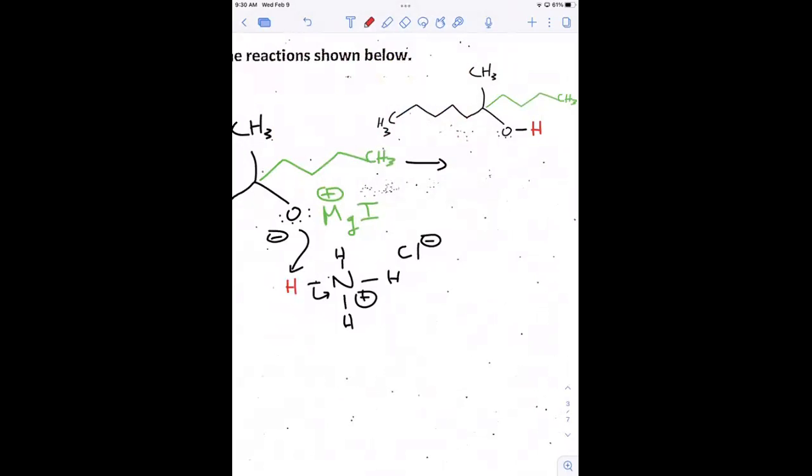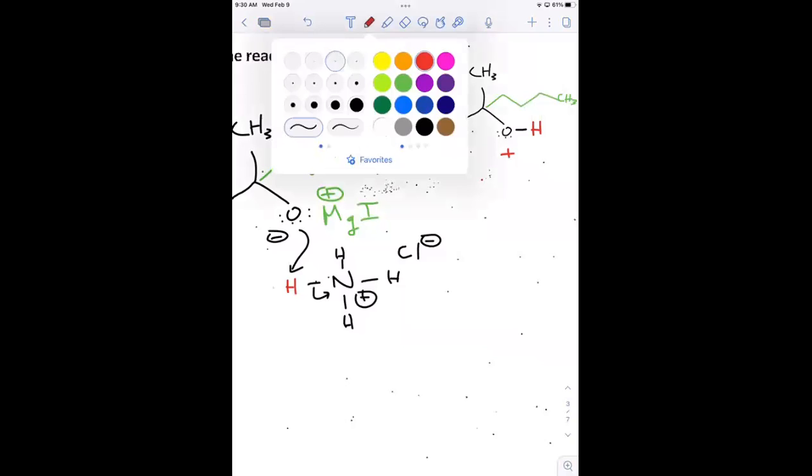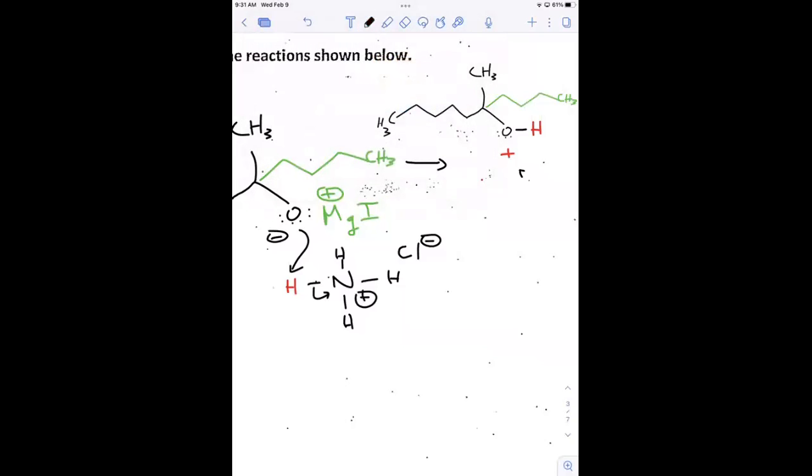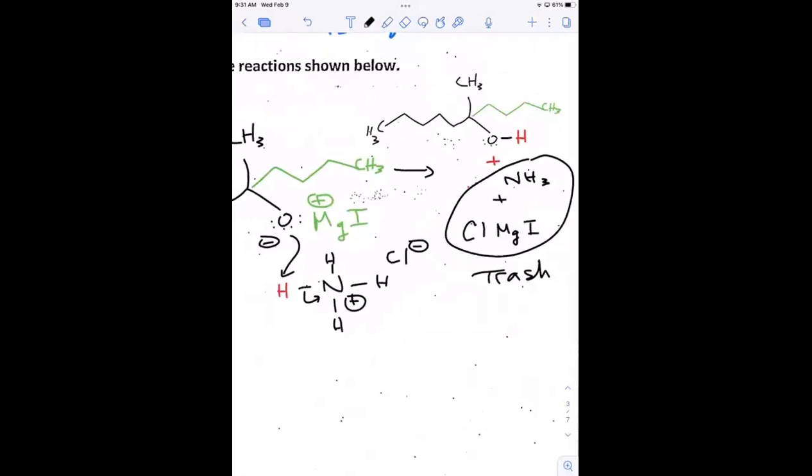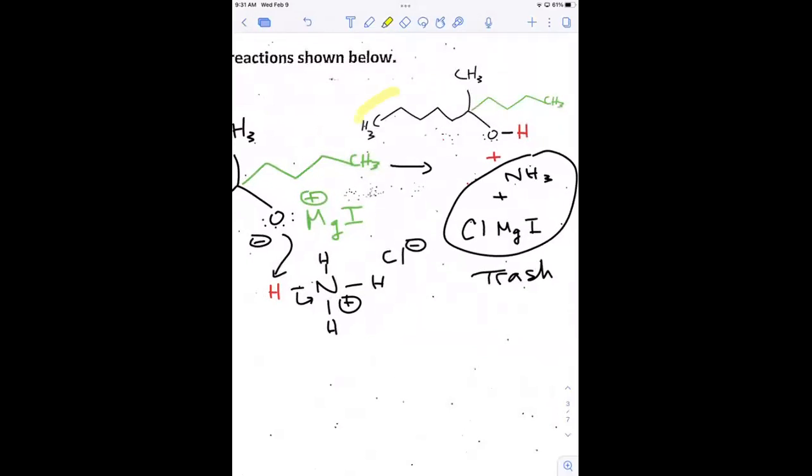So we have that plus NH3 plus ClMgI, right? All of this right here, trash. We don't care about it. It's during the workup part. The only thing you care about is the product.